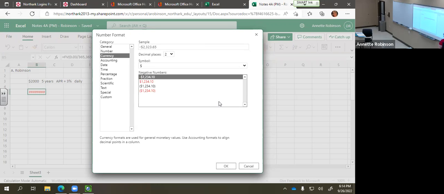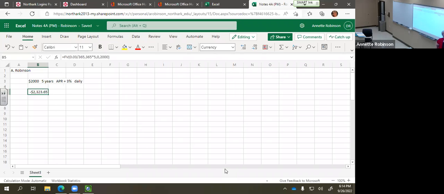I'm just going to pick the first one because I'm used to a negative sign. But it doesn't matter because we're not going to worry about signs. I'm going to hit OK. And when I hit OK, notice it gives us the answer we just got from our calculator. Now again, it says negative because that's money going out from the bank's hands to you.